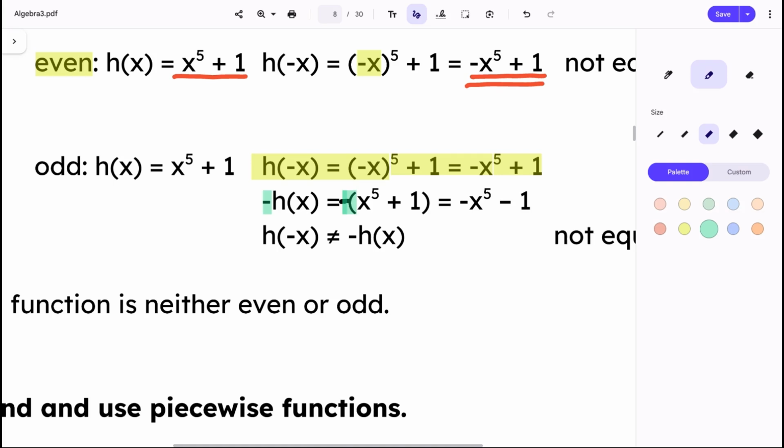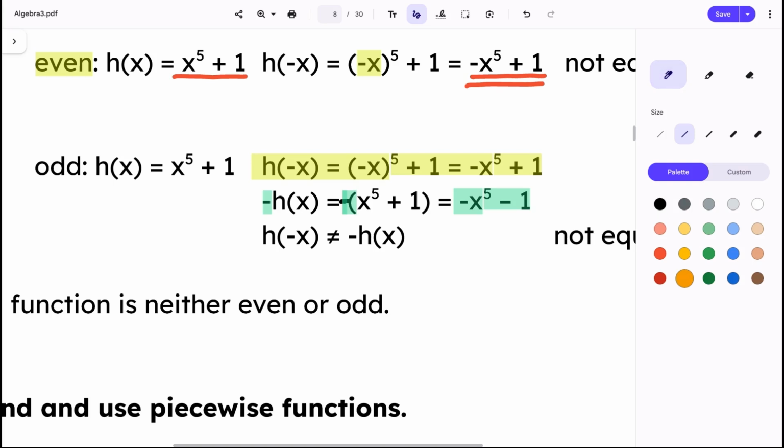So try to squeeze that in there. Because now, there's a negative out front of the parentheses. If you distribute that in, you get negative x to the fifth. And then the 1 also has the negative attached to it now, so it becomes minus 1. So this is what we need to compare it to.